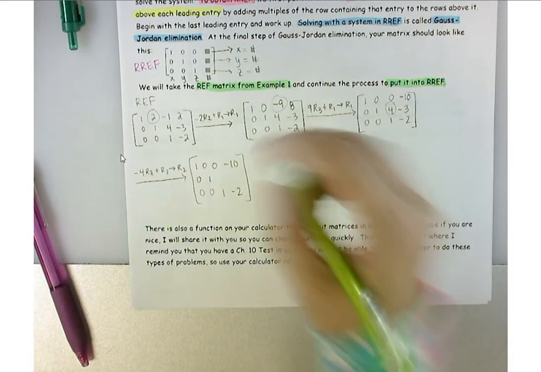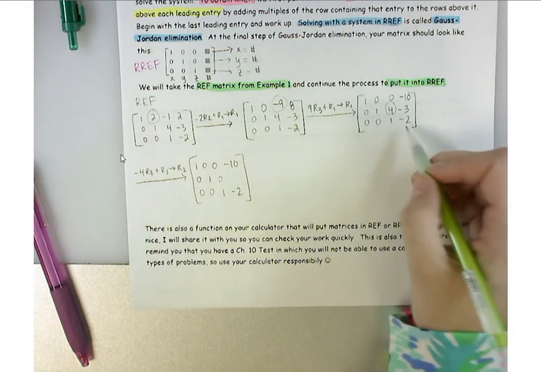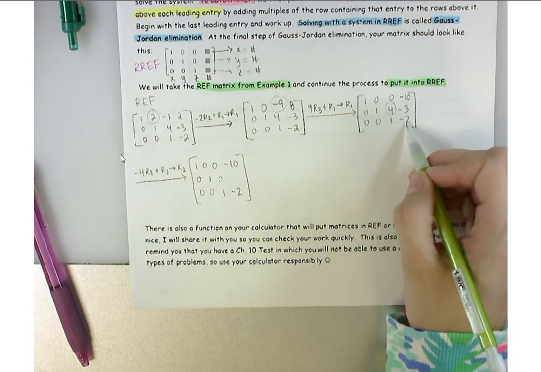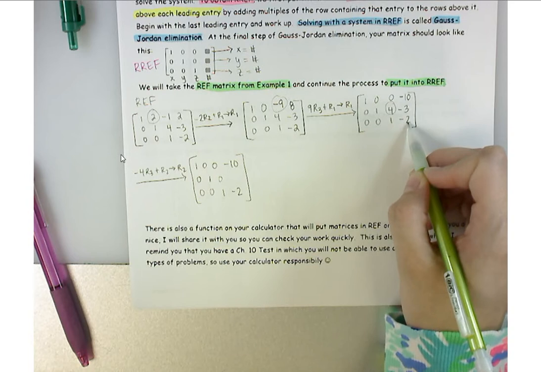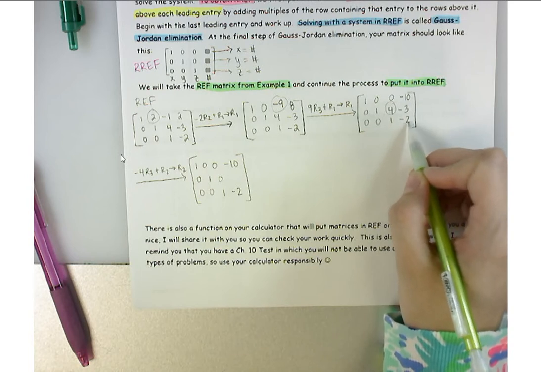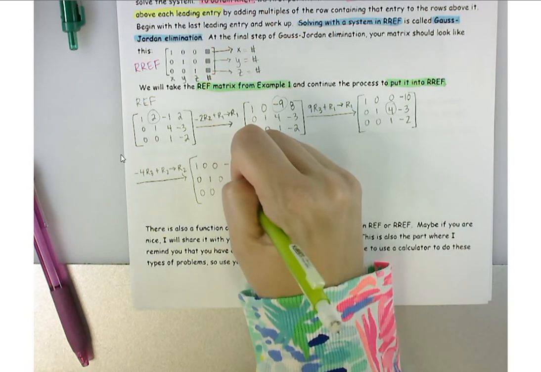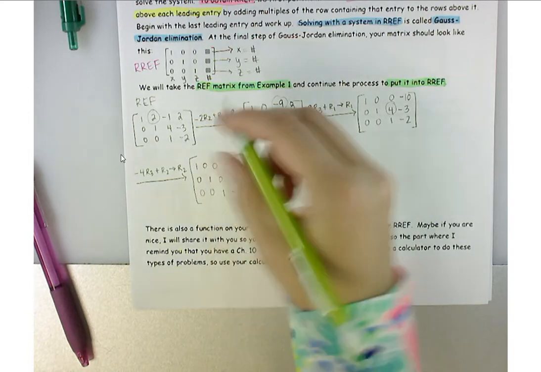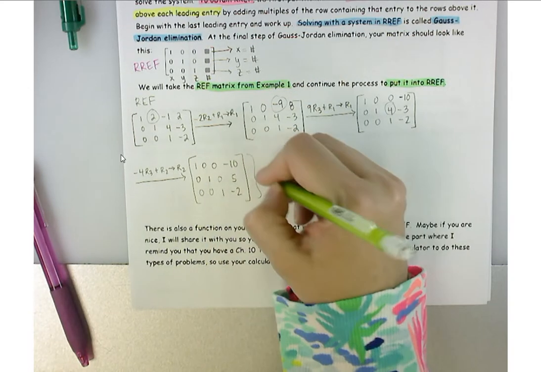Negative 4 plus 4 is going to be 0. And then I get to do some calculations. So negative 4 times negative 2 is what? 8. 8 plus negative 3 is 5. And then this is in reduced row echelon form.